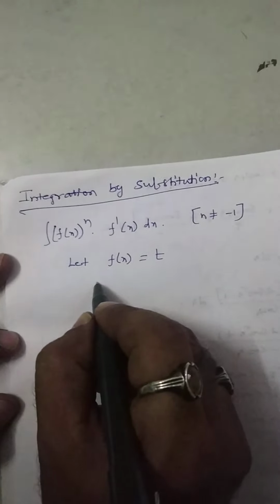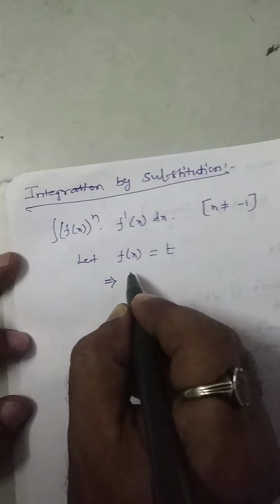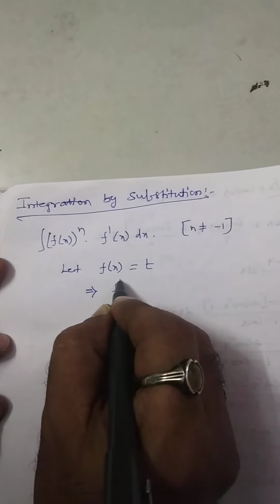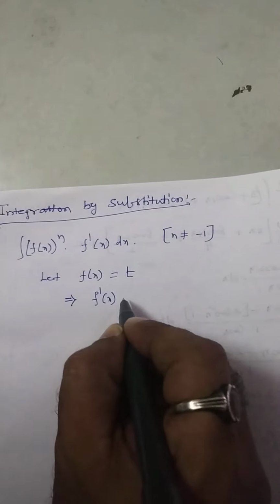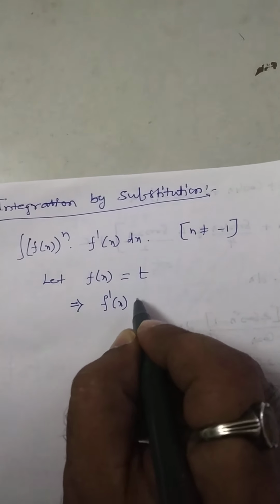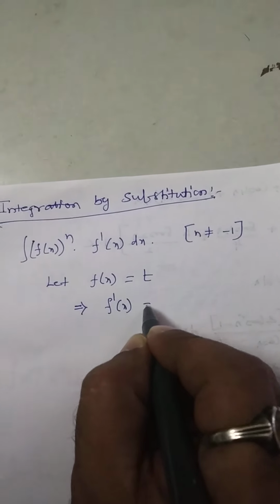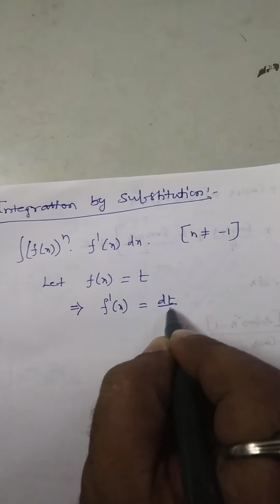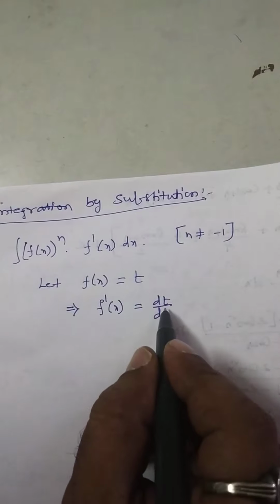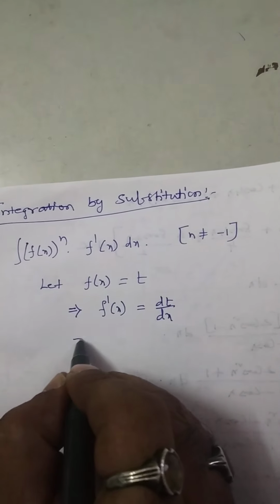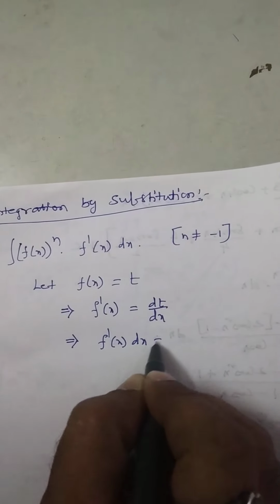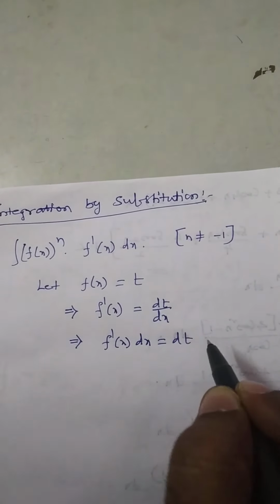By differentiating this with respect to x on both the sides, we get f dash of x dx is equal to dt. Why are we getting this? Because f dash of x is generally dt by dx. We are differentiating with respect to x, so f dash of x is dt by dx. So that's what I'm writing, f dash of x dx is equal to dt.